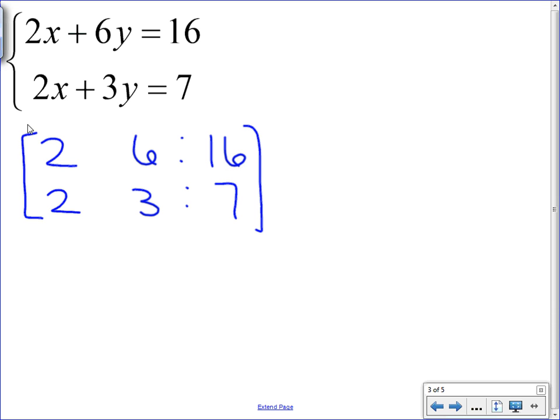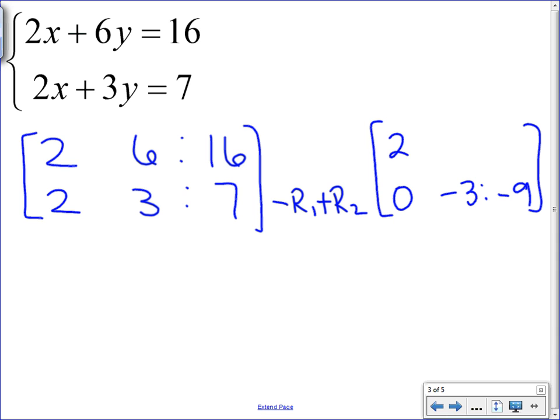Do you agree? Okay. If I take negative 1 times row 1 and add it to row 2, we would get what? Zero, negative 3, negative 9. Okay?